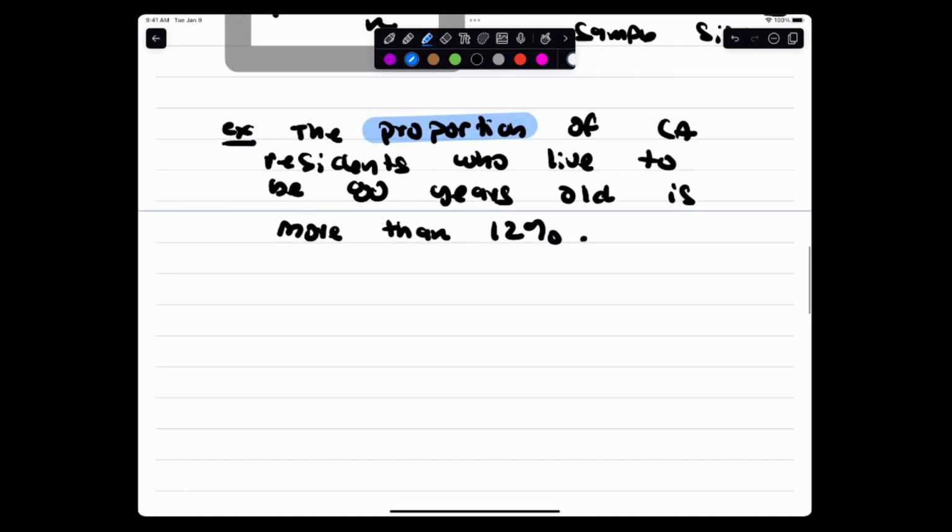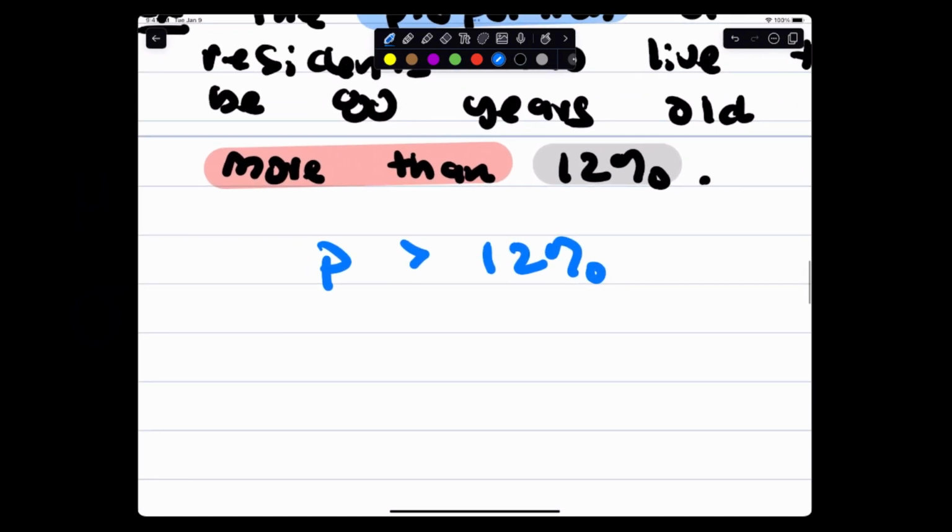Proportion what? P. So the proportion P, California residents who live to be 80 years old is, what's this phrase? More than what? 12%. So ladies and gentlemen, you write this down as what? P greater than what? 12%. Do you guys know why we have to use greater than? Yes, you see the phrase more than?